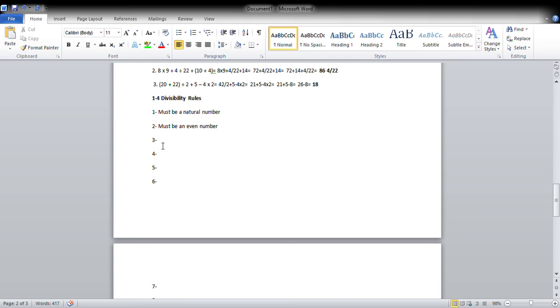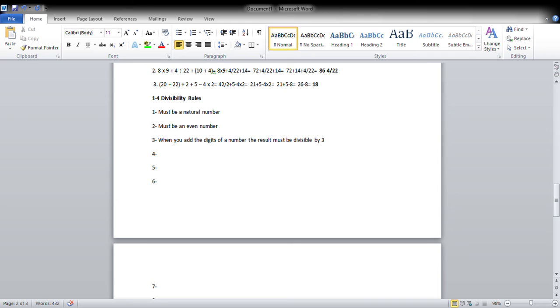3. When you add the digits of a number, the result must be divisible by 3. So you're still going to have to know a few things for this one. You're going to have to know a few numbers that are divisible by 3.